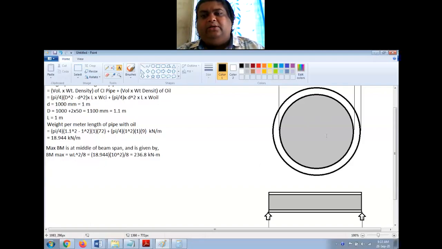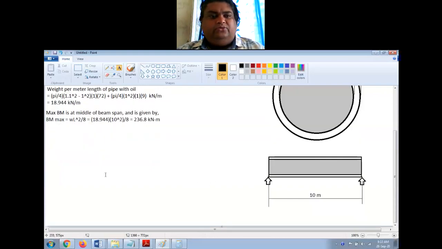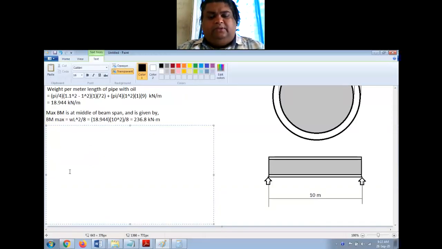It is not going to take any load. So the moment of inertia we have to calculate is only of the pipe, this annular region. Please don't take it as a complete circle. It's not a solid shaft, right?